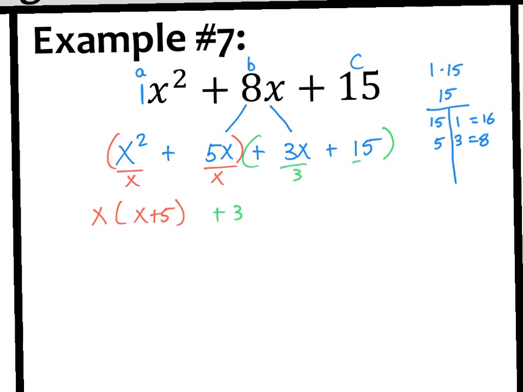Divide by 3 from both of them, and I get x plus 5. Okay, now I can write my factors. I have my x plus 5, and x plus 5. And then I also have my x plus 3.